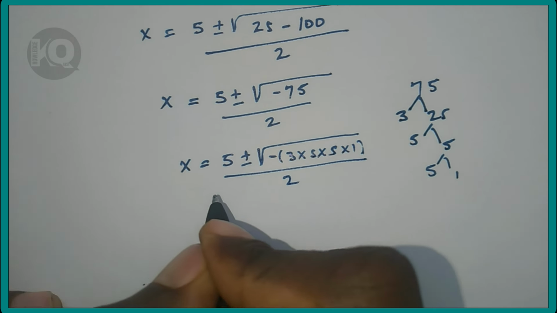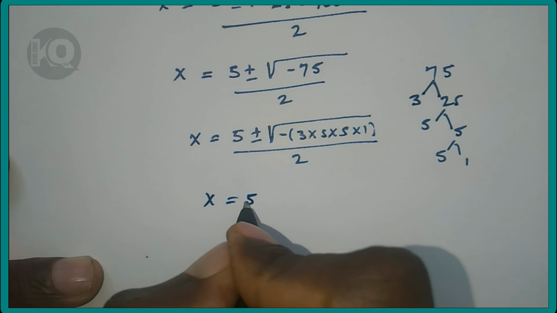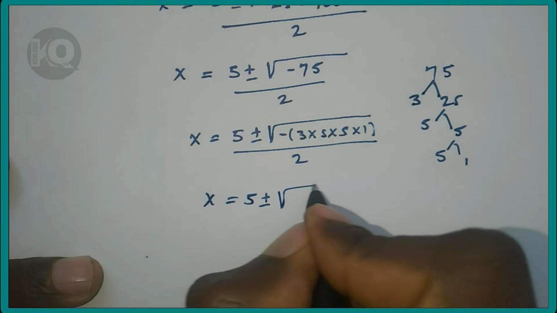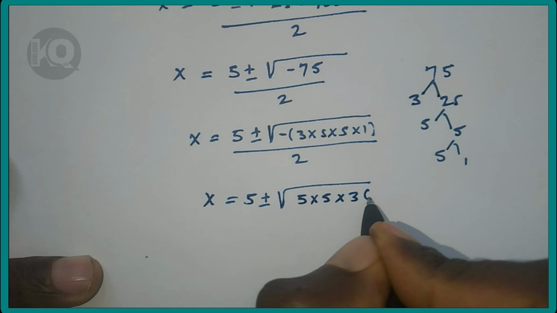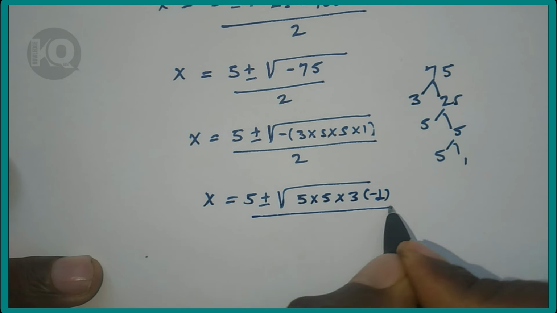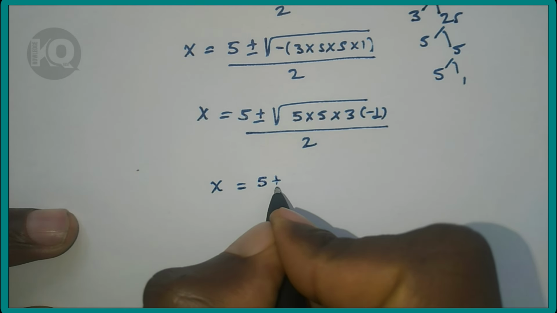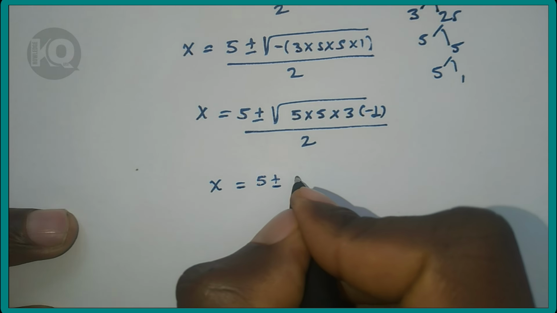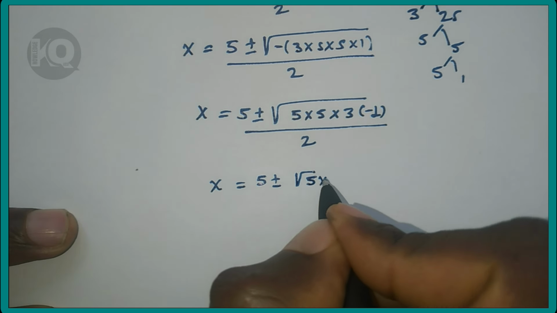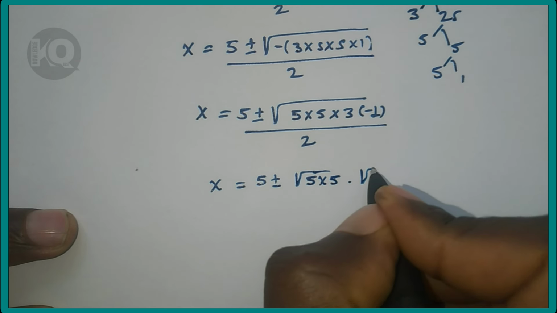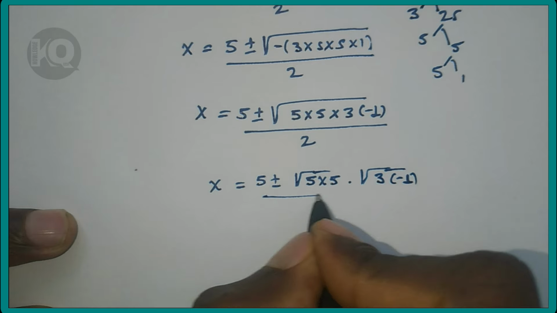Which means x equals 5 plus or minus the root of 5 times 5 times 3 times minus 1, over 2. We can write this like root 5 times 5, times root of 3 times minus 1, over 2.